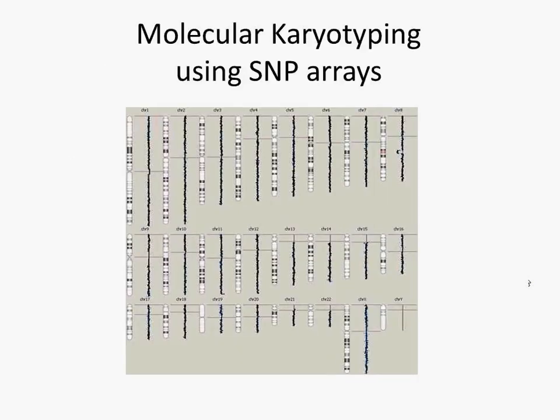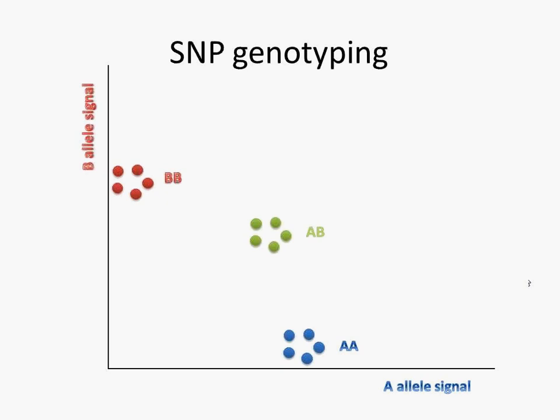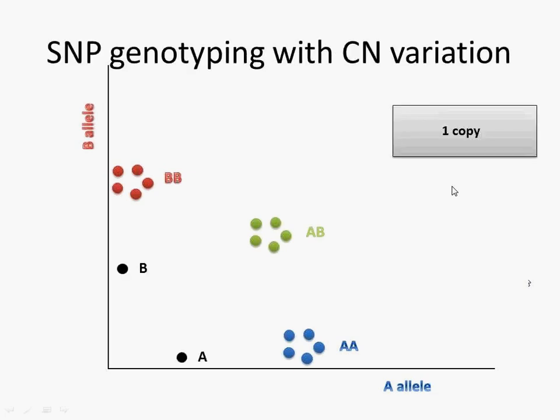I am moving on to the last part of the fourth assay that we perform in the core, the molecular karyotyping using SNP arrays. In SNP genotyping, I'm sure everybody's familiar with the detection of a B allele signal and an A allele signal, and 3 clusters that will get you a SNP genotype described as AA, AB, or BB in a normal diploid state.